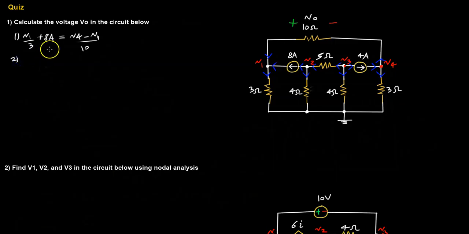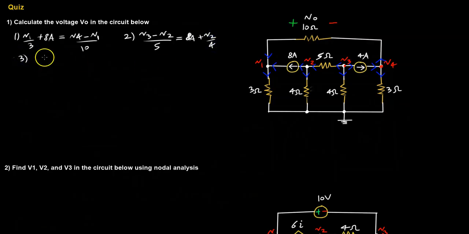The second equation, let me go ahead and write that up here so I have more space. The second equation is going to be for node 2, which is, let's see, we're going to have 8 amps leaving, and let's see here, we should have V3 minus V2 over 5 ohms is going to equal the 8 amps and the V2 over 4 amps that are leaving.